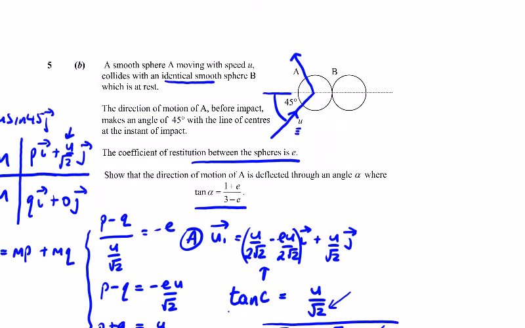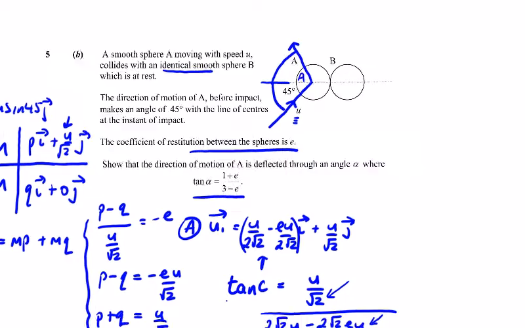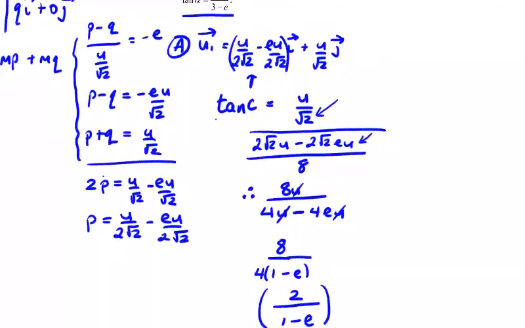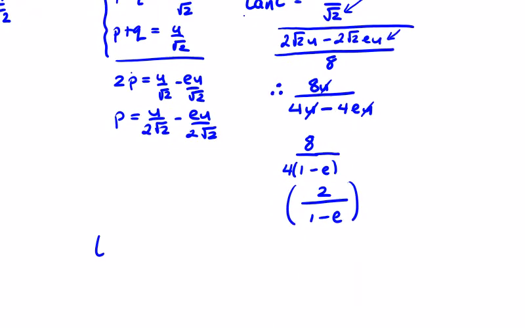So we look here, the angle of deflection is going to be the alpha plus the 45. So let's have a look at tan of A plus 45. Tan of A plus B is tan A plus tan B, all over 1 minus tan A tan B.